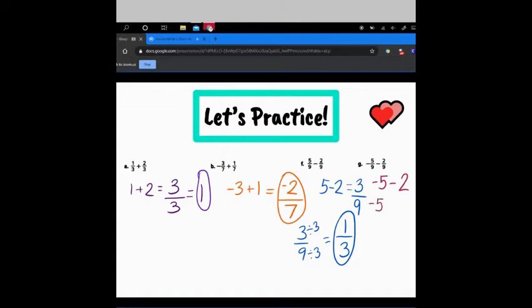We're going to change the minus in the middle to a plus. And your +2 will become -2. Now we can add those together. -5 plus -2 equals -7. Put that over your same denominator, which is 9, and there's your answer, -7/9.